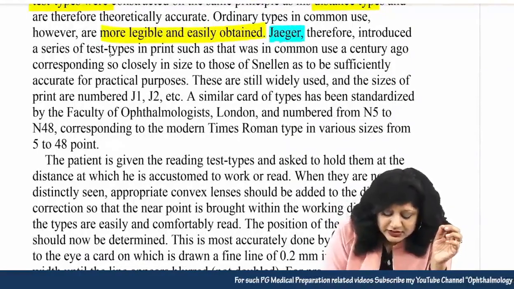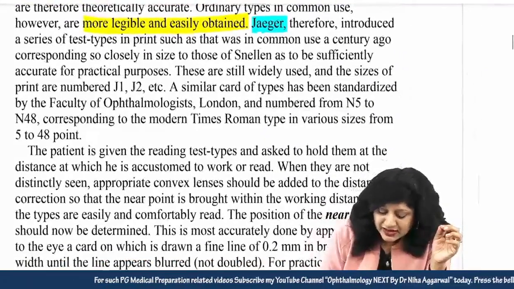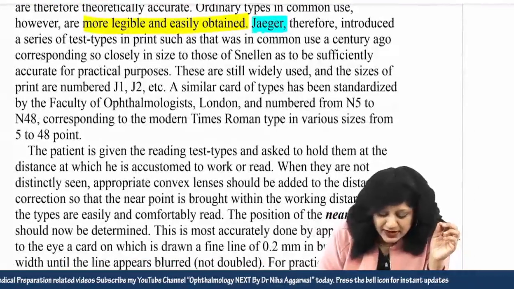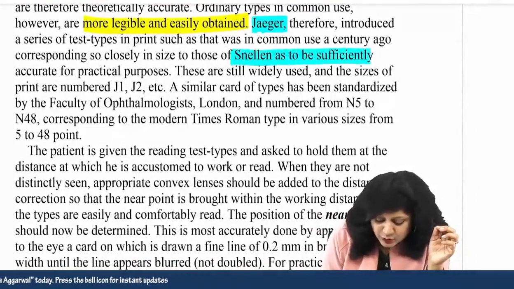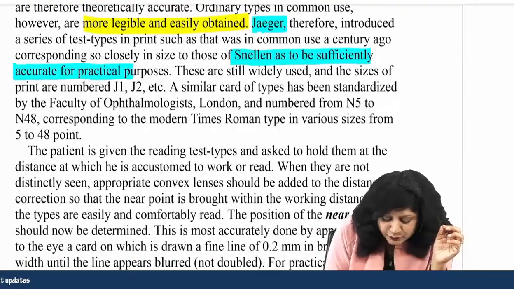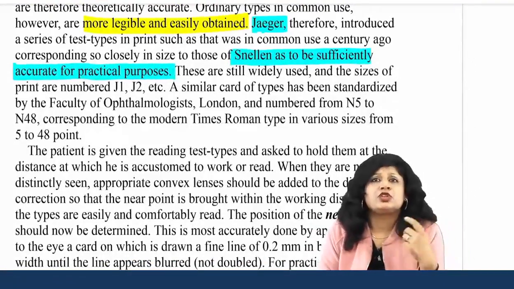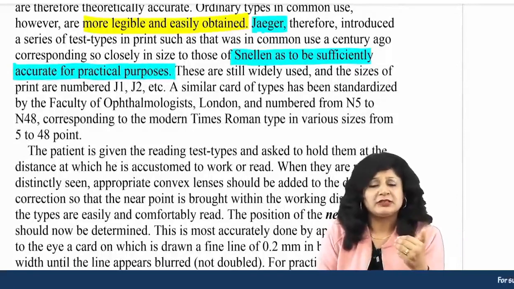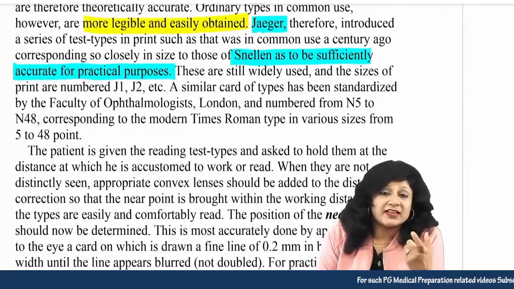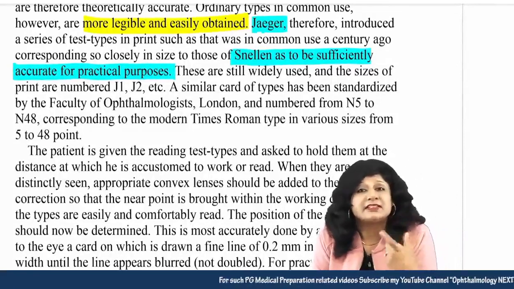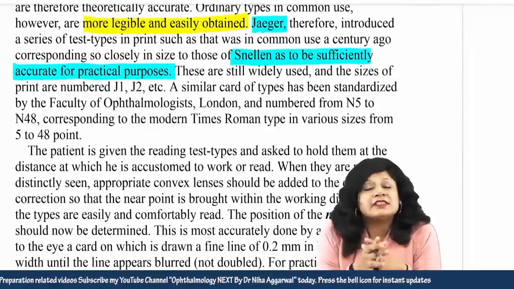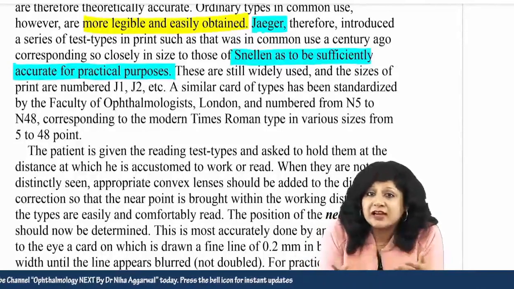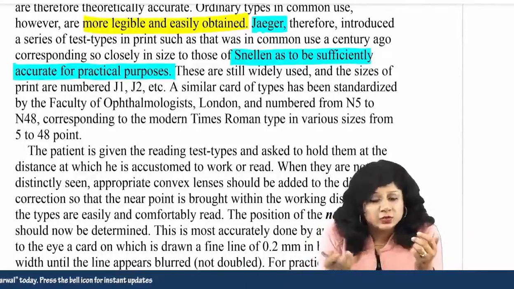He introduced a series of test types in print that was in common use a century ago and so closely in size to that of the Snellen's as to be sufficiently accurate for practical purposes. So Jaeger came with the option that he devised these near vision test types which were quite accurate. They were quite similar to that of the Snellen's chart, but they are easily available also. So nowadays we are using those test types.